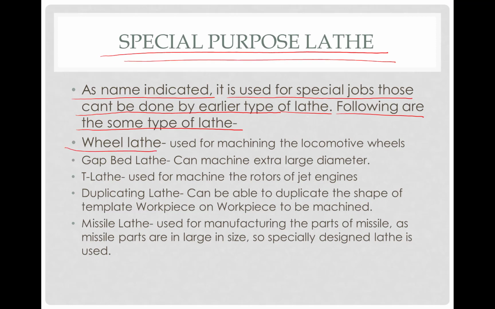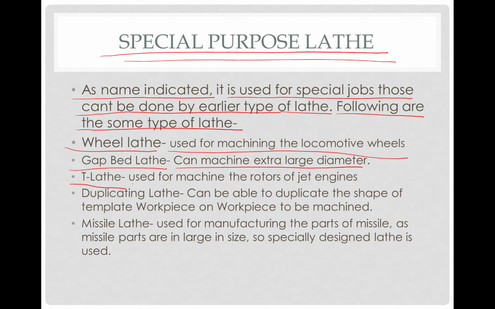Wheel lathe, as you can see, these machine the wheels of the locomotive, mostly our trains. Gap bed lathe, those can accommodate large diameter parts. That's why it is called a gap bed, because there will be a large gap on the bed.